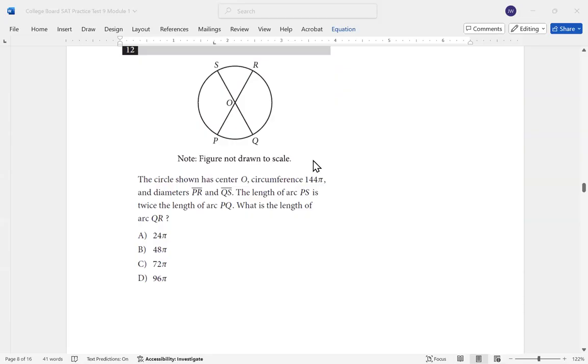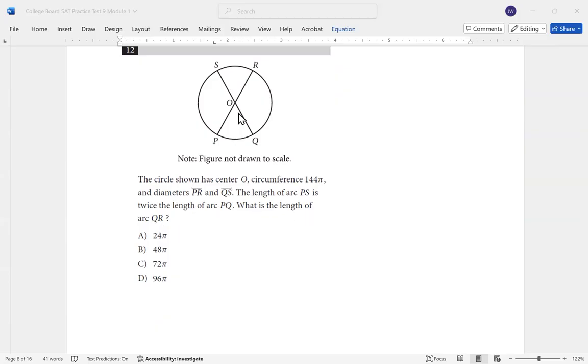Question 12. The circle shown has center O, circumference of 144 pi, and diameters PR and QS. The length of the arc PS is twice the length of the arc PQ. What is the length of QR?